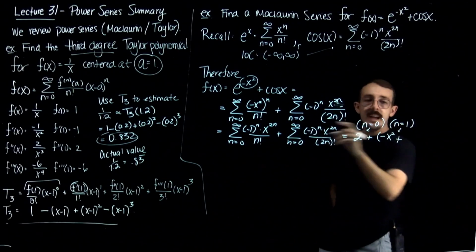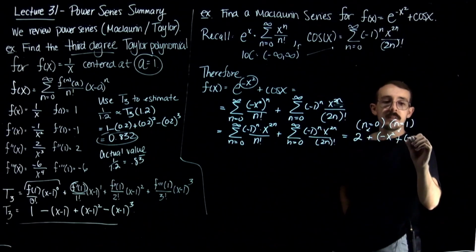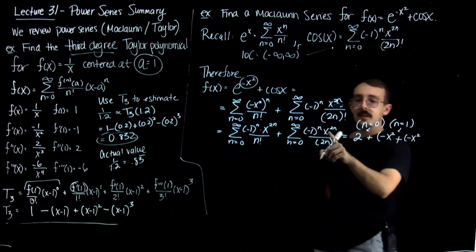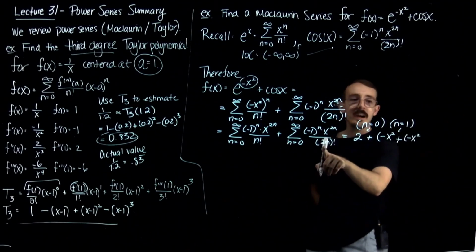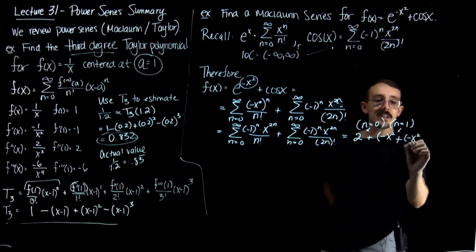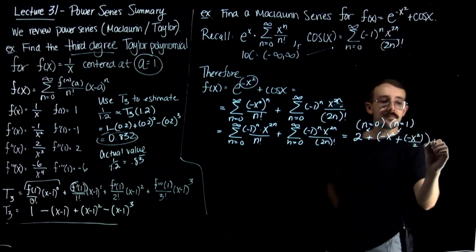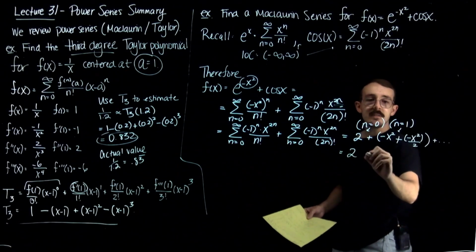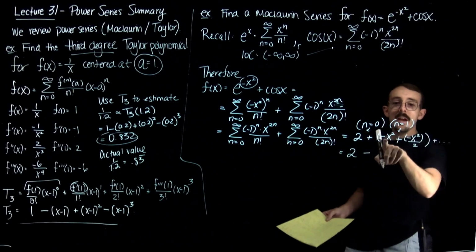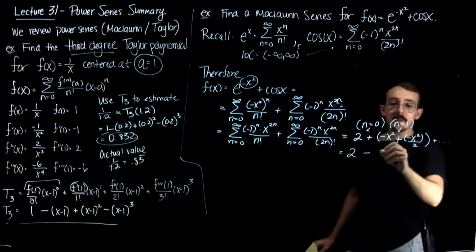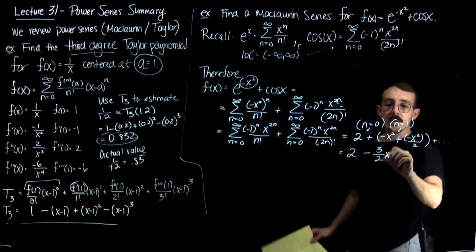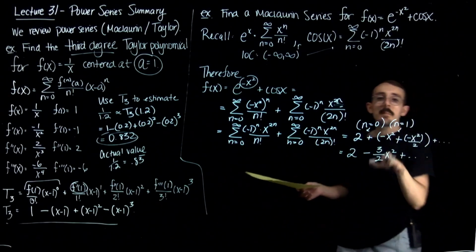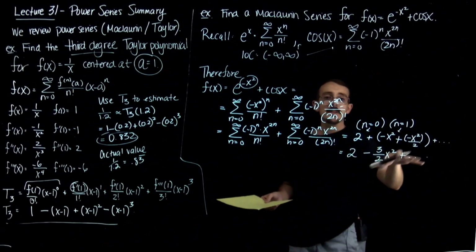You get a negative again, negative x squared. If I plug in the 1 for n here, then I get 2 factorial in the denominator, which is just 2. So this is the term you get when you plug in n equals 1. So if I simplify that, I have 2 minus 1x squared and another half x squared. This is minus 3 halves x squared. And you can keep going. You can plug in n equals 2, 3, 4, 5. But the Maclaurin series would look like this.